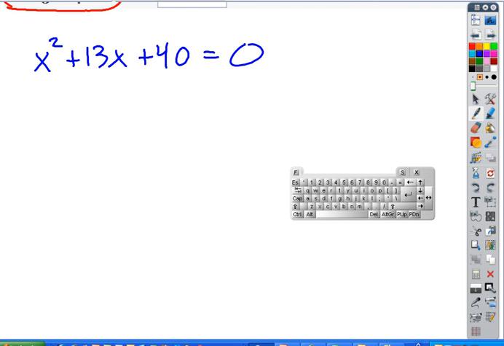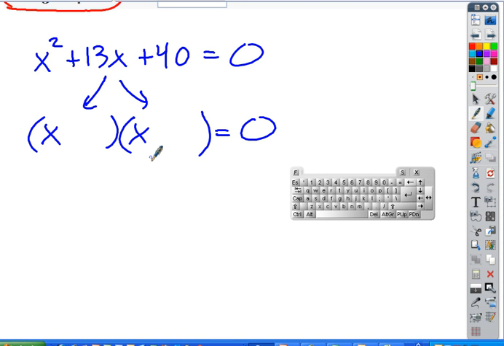What we want to do instead is break this apart into a product of two small factors. Once we do that, we know the product of these two factors can only equal 0 when either the first factor is 0 or the second factor is 0. And those will be easy equations to solve because these are small. So the first step is to factor this thing.